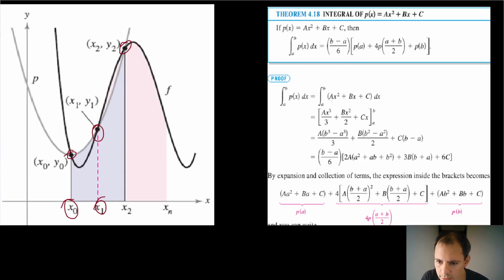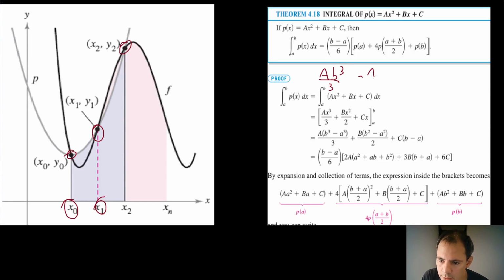You integrate, and it's going to be ax cubed divided by 3 plus bx squared divided by 2 plus cx, right? And then, what are you going to come up with in this part, okay? You're going to have a b cubed, and then you're going to do all those things divided by 3, and then you have the second limit of integration.